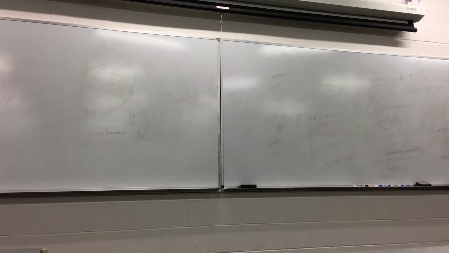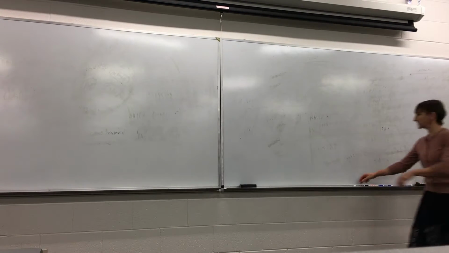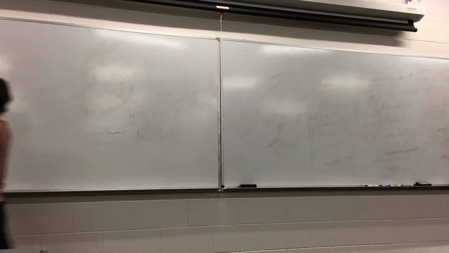And then I plugged it in. I got 2, and then I have to take the integral of e to the u du. The 2 is outside the integral. Let me show you.